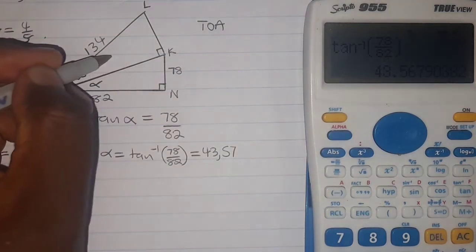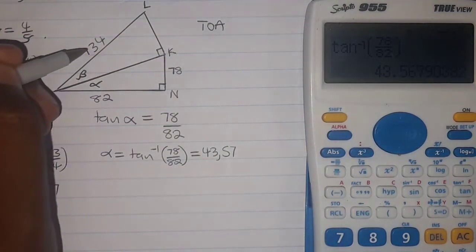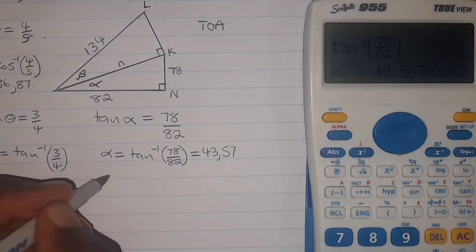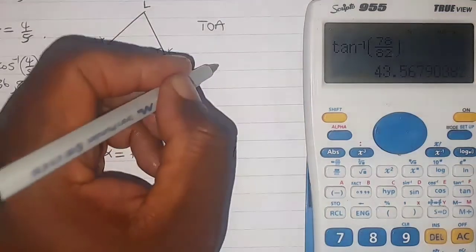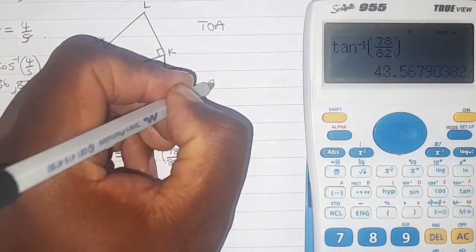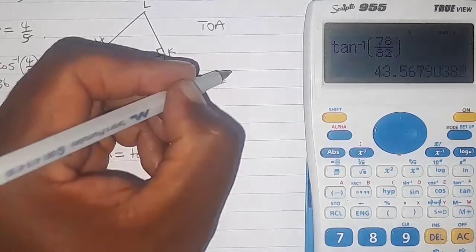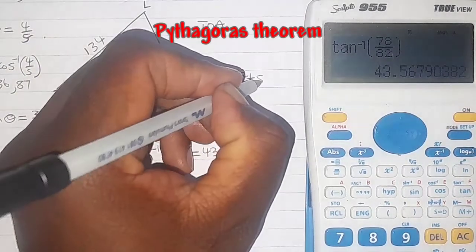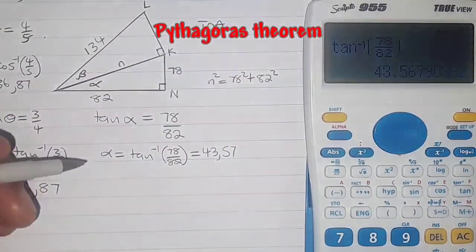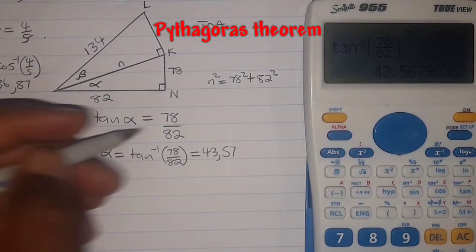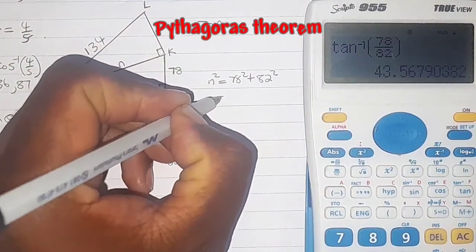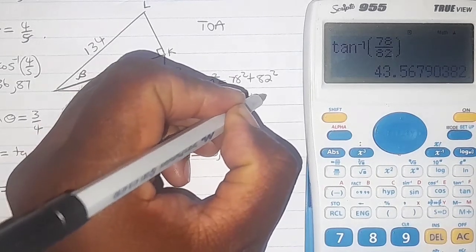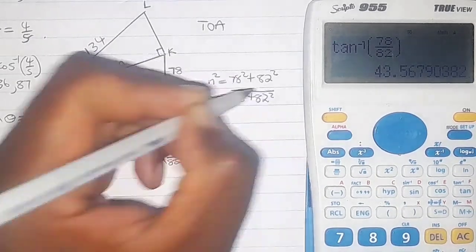Let this be equal to, I'm going to call this small n, letter n. So n squared is equal to 78 squared plus 82 squared. That is according to Pythagoras theorem. So our n will be equal to the square root of 78 squared plus 82 squared.